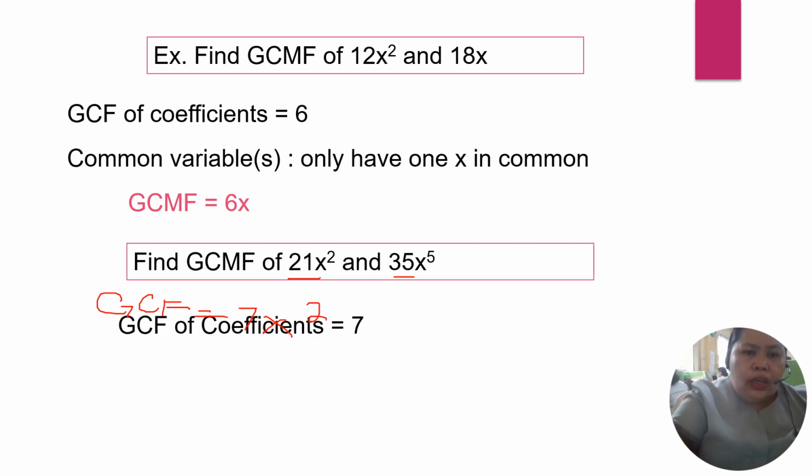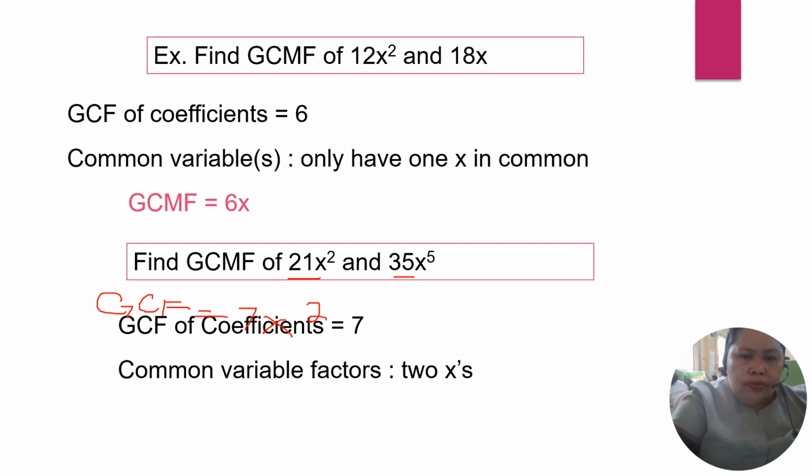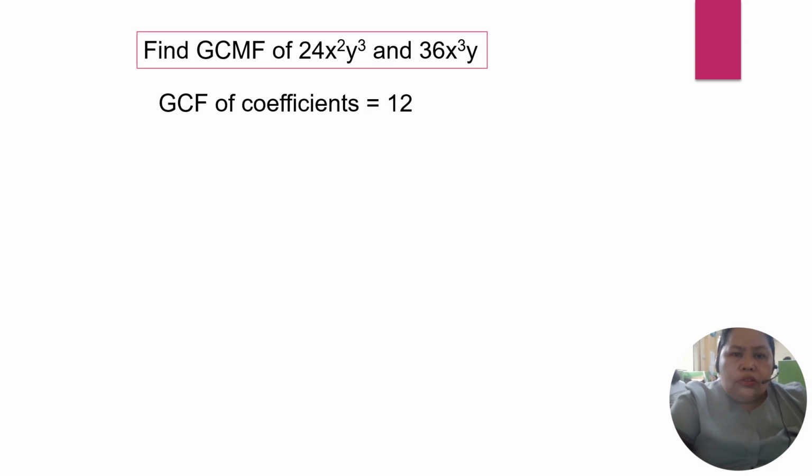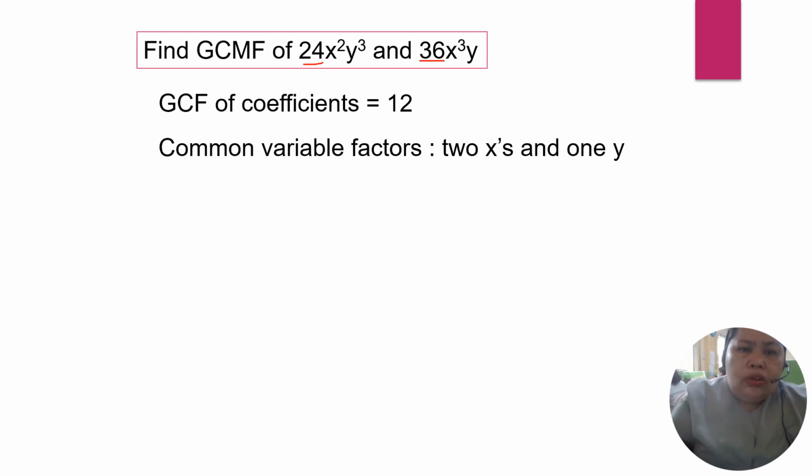So the GCMF is 7x squared. Our answer is correct. Next, find the GCMF of 24x squared y cubed and 36x cubed y. For the coefficients 24 and 36, their greatest common factor is 12. Then the common variable factors are 2 x's and 1 y, so their GCMF is 12x squared y.